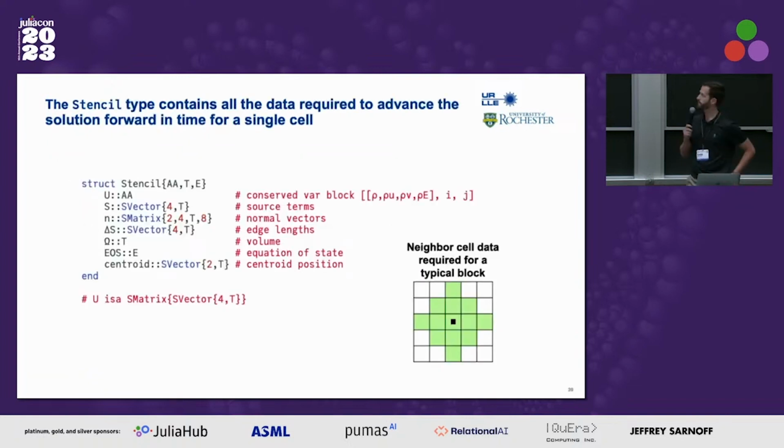So it's kind of counterintuitive, but we end up with a faster algorithm when we stick everything in a new struct. The stencil type contains all the data required to advance the solution forward in time for a single cell. Here we stick the data in basically an SMatrix with SVectors. There are a few other terms here, but the idea is that we want everything to be static so that the compiler can optimize.